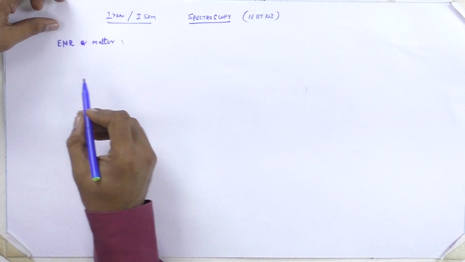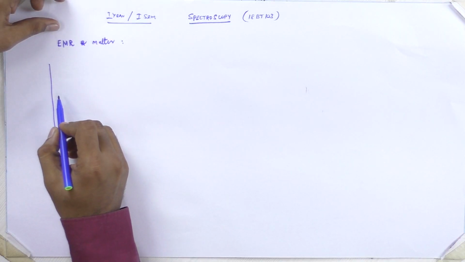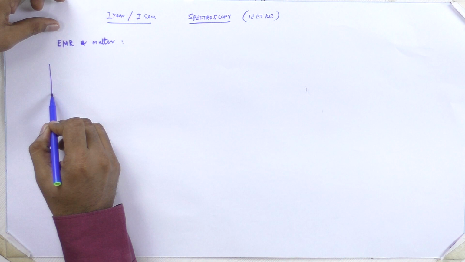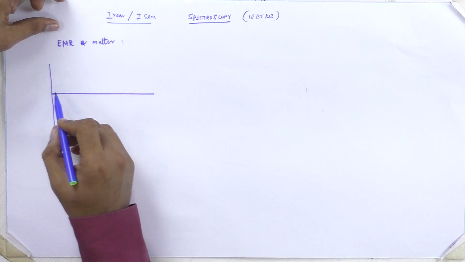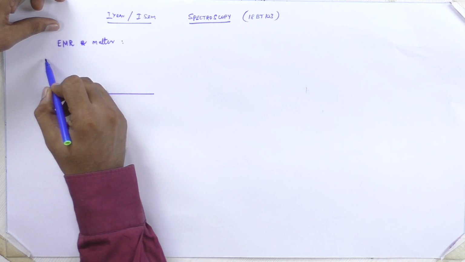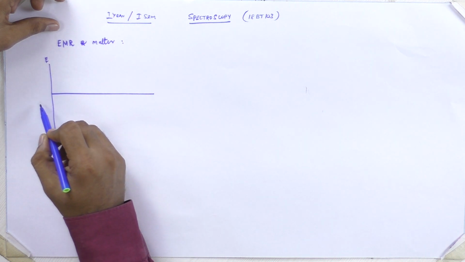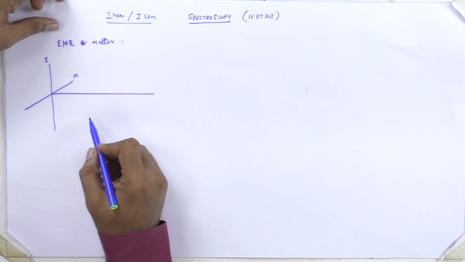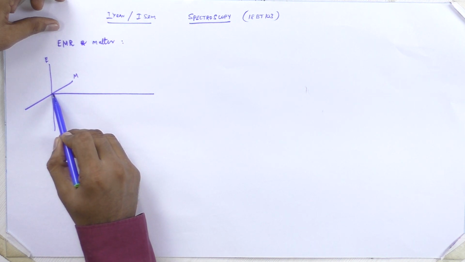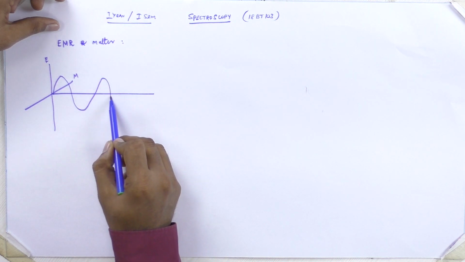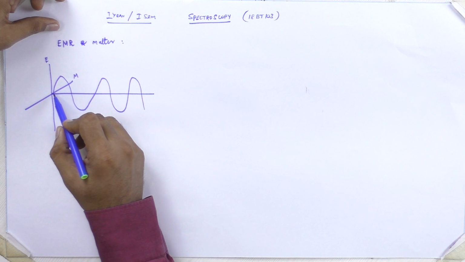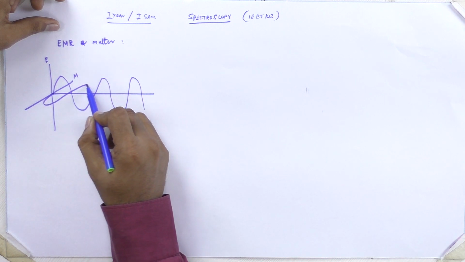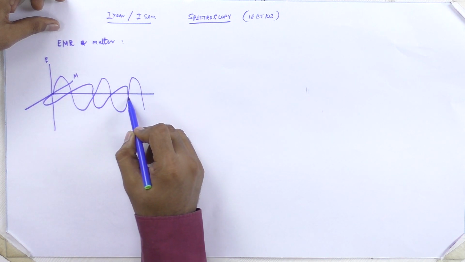So what do you mean by electromagnetic radiation? Let us see the diagram. Electromagnetic radiation has two components: one is the electrical component and one is the magnetic component. This electrical component goes like this, and the magnetic component goes like this.